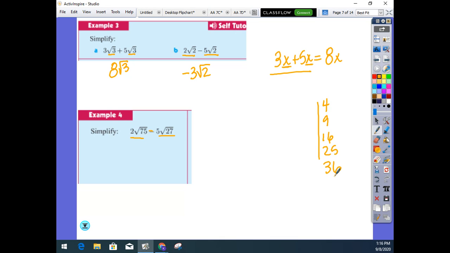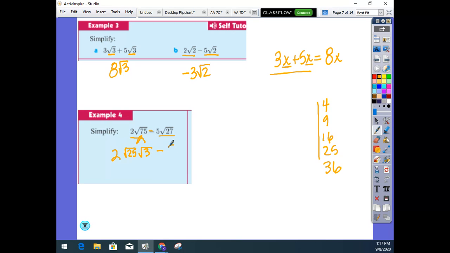These are your perfect squares. Which one of these goes into 75 evenly? So I'm going to break 75 into what times what? 25 goes in evenly, and I take 25 times 3 to get 75.